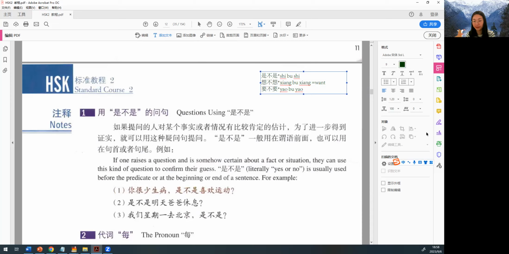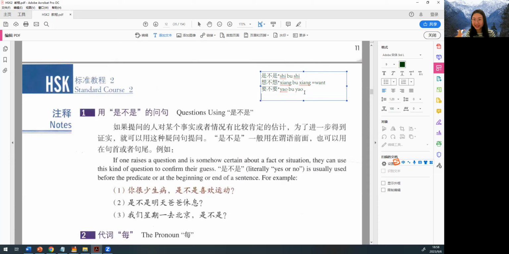She's impatient, and she says, okay, this watermelon costs 10 yuan. You want it or you don't want it? In this circumstance, it's perfect to use this 要不要 to represent a little bit impatient feeling: do you want it or you don't want it?